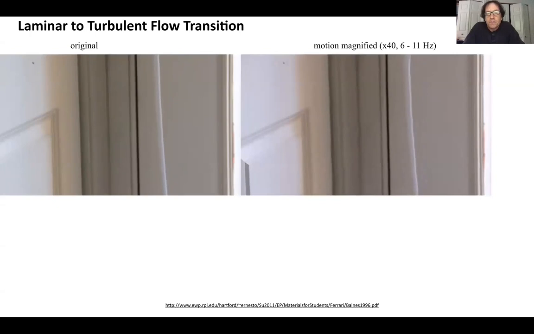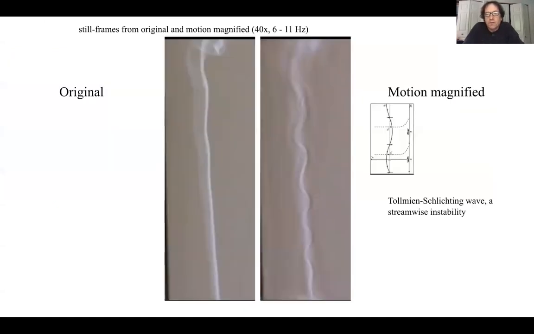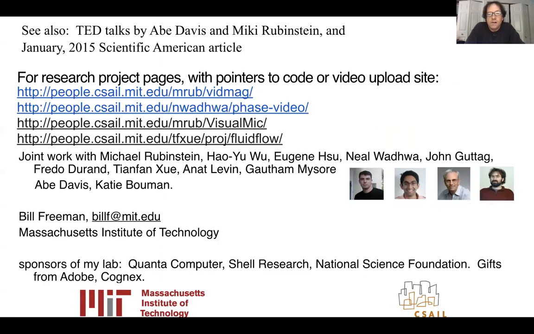We can motion magnify this, but in the video it's hard to see. If you freeze a frame, then you can see these waves of instability that are getting larger and larger as you move along the laminar flow, and then finally break up into the turbulent part of the flow.